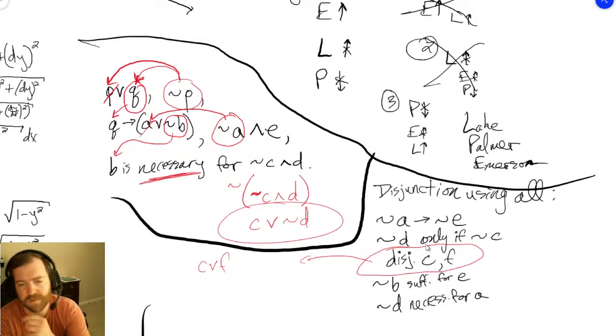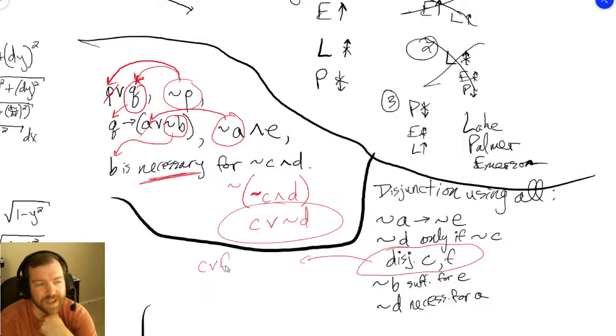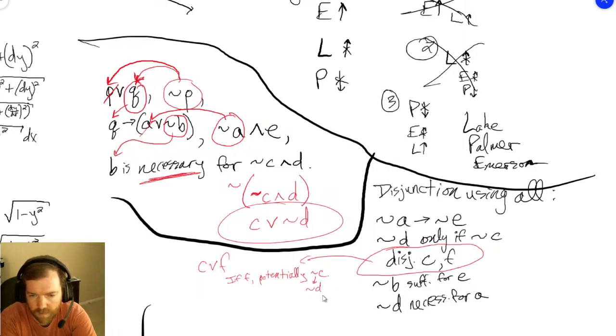I don't think it matters, but anyway, so yeah, if F, then potentially not C, which implies not D. Not D is a necessary condition for A, but it's not sufficient.